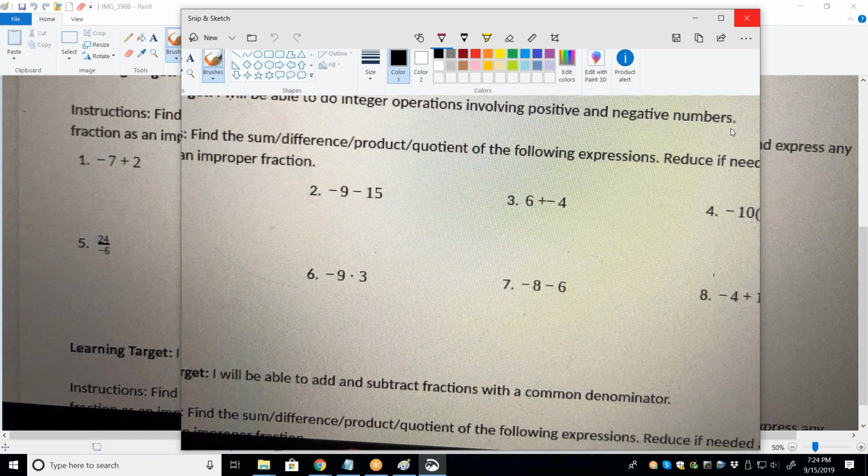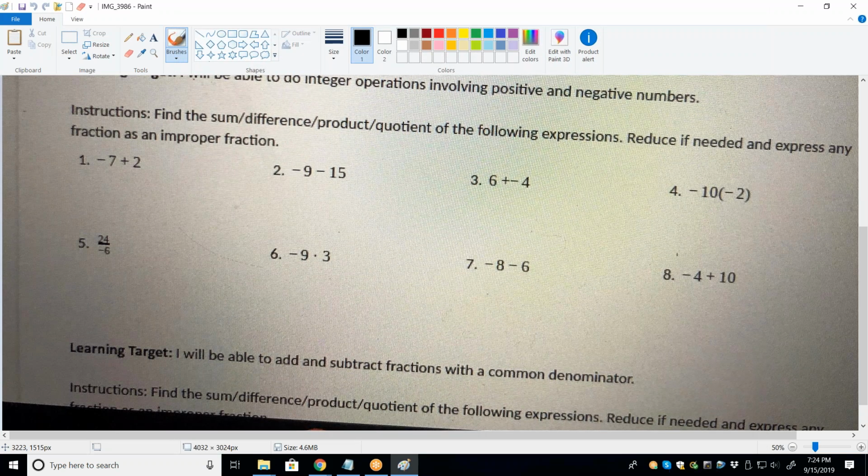Do number 2. That's a subtraction problem. You're going to turn it into an addition problem. -24. Very good. Do number 3.